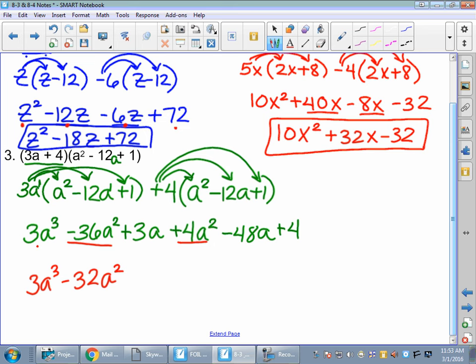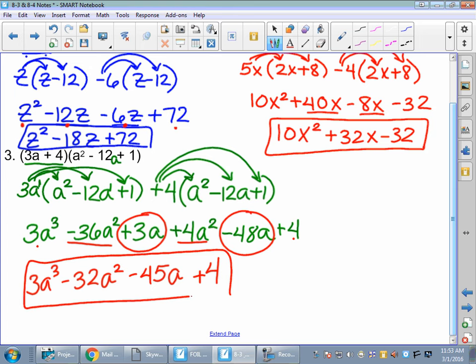That's the negative 36 and the 4 together. I see this positive 3a and this negative 48a makes a total of negative 45a's, and then a plus 4 at the end. So we did have 6 products, but we simplified that to make a product of 4 terms. And that's your final product.